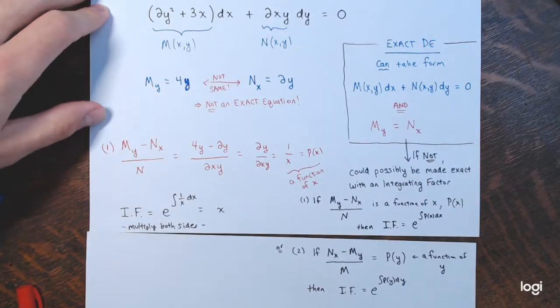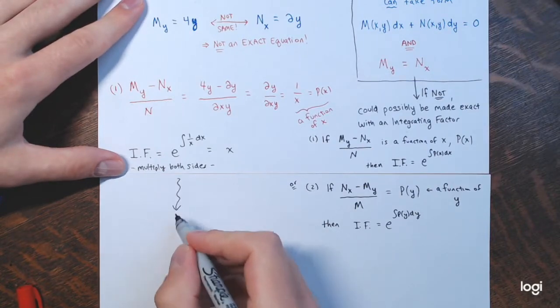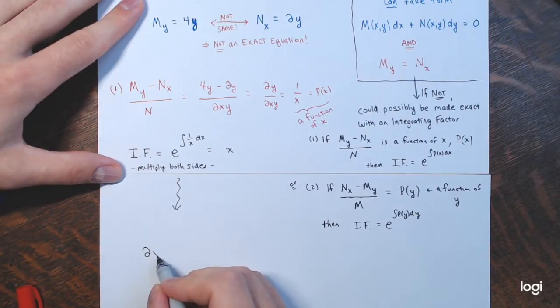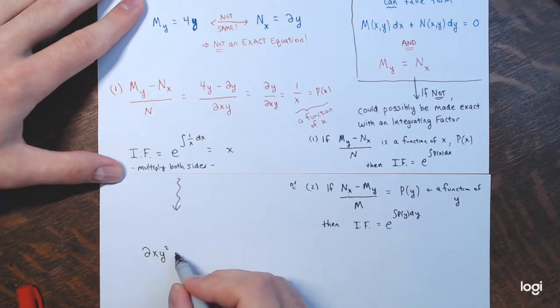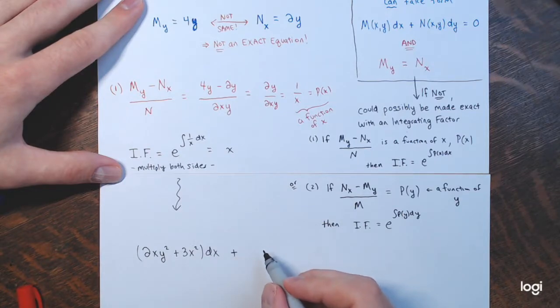Now it changes the equation into this. We'd have 2xy squared plus 3x squared dx plus 2x squared y dy equals 0.